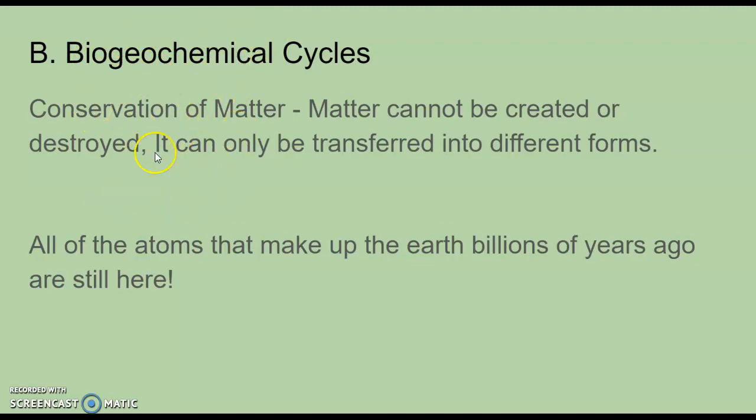We have covered this before, maybe not in this class, but definitely last year in physical science, but the conservation of matter states that matter cannot be created or destroyed. It can only be transferred into different forms. So all of the atoms that make up Earth billions of years ago are actually still here. They're just transferring into these different forms and into these different types of material.